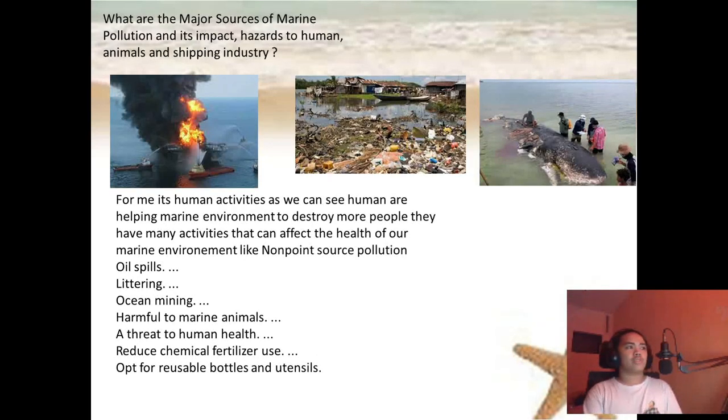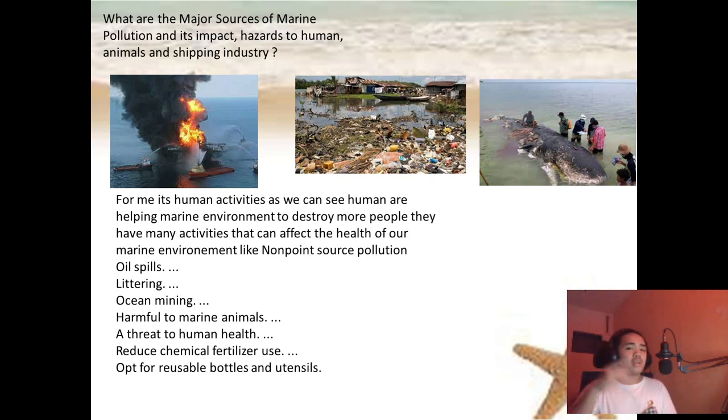And the next question: what are the most source of marine pollution and its impact hazard to human, animals, and shipping industry? For me, from my own understanding, human activities are the major source of marine pollution. As we can see, humans are always helping the marine environment to be destroyed. More people, more activities that can affect the health of our marine environment.